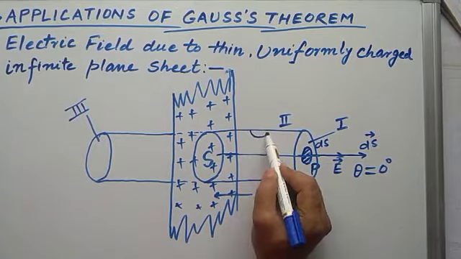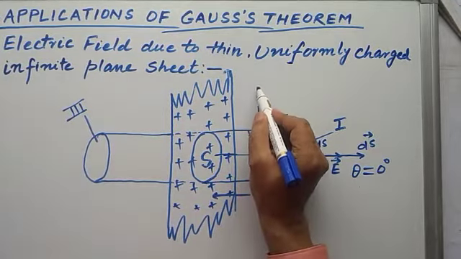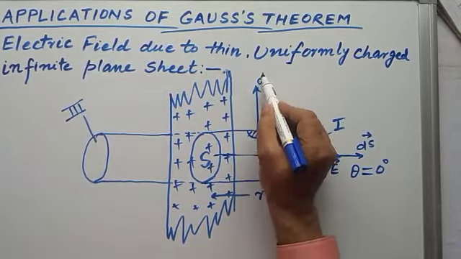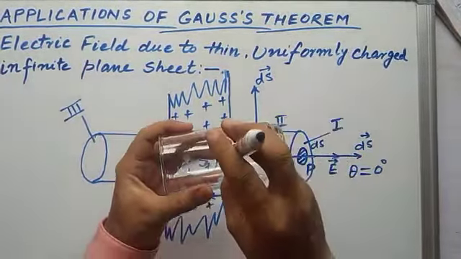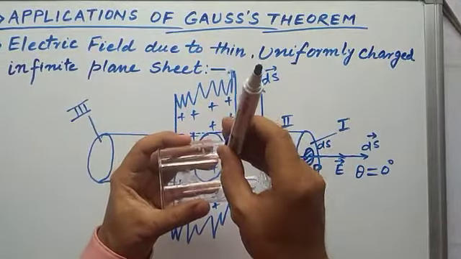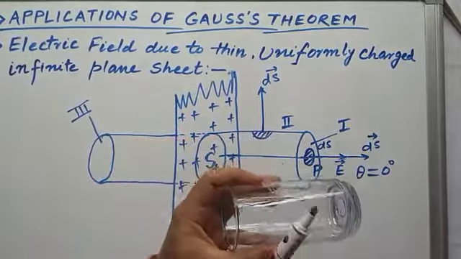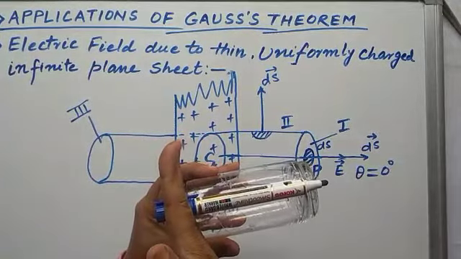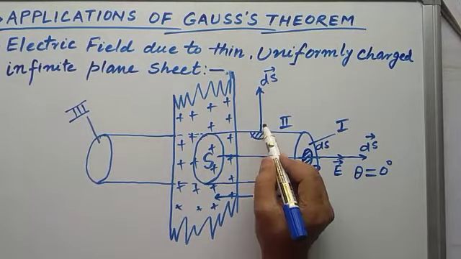For the second surface, the curved surface, this is the direction of the ds vector like this, and field lines are coming from the sheet like this. So the angle between them is 90 degree.